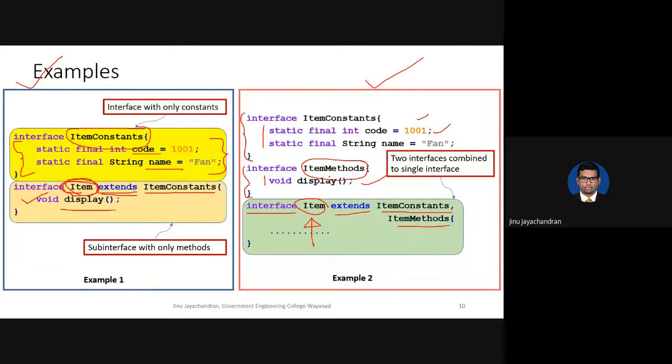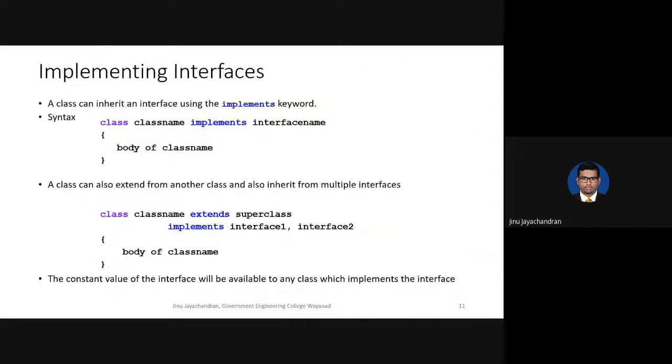You should remember that item methods cannot access these variables because it is not extended from item constants. But since item is extended from both, item can access the method and the variables from item constants and item methods.